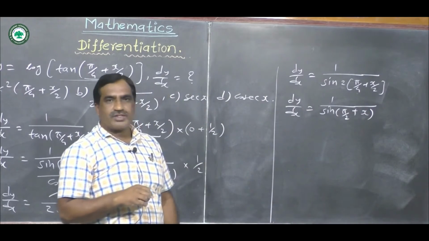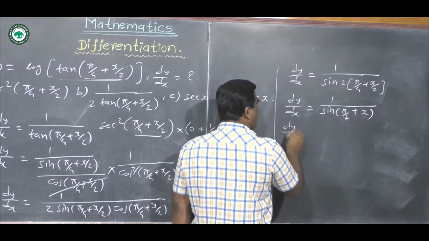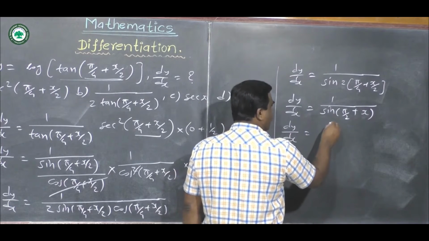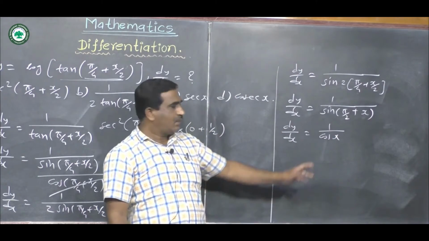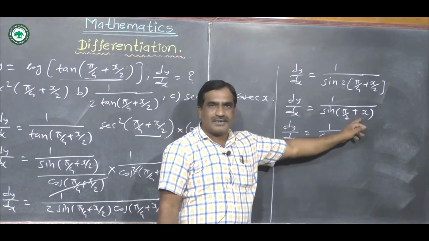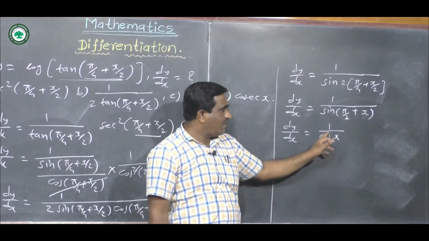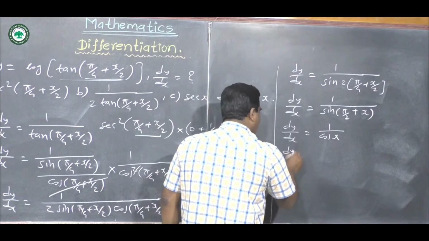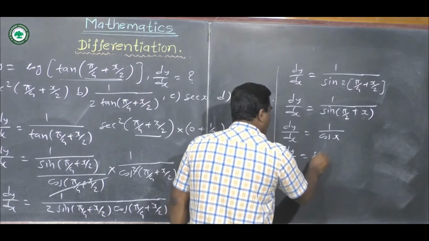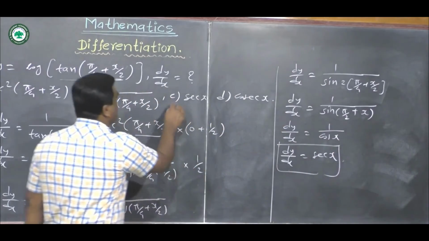We get 1 upon sin of pi by 2 plus x, and we know that sin of pi by 2 plus x means cos x, by allied angle formula, sin of pi by 2 plus theta equal to cos theta. Therefore we can write here 1 upon cos x, and we know that 1 upon cos means sec. That is, we get here dy by dx is equal to sec x. This is the correct answer.